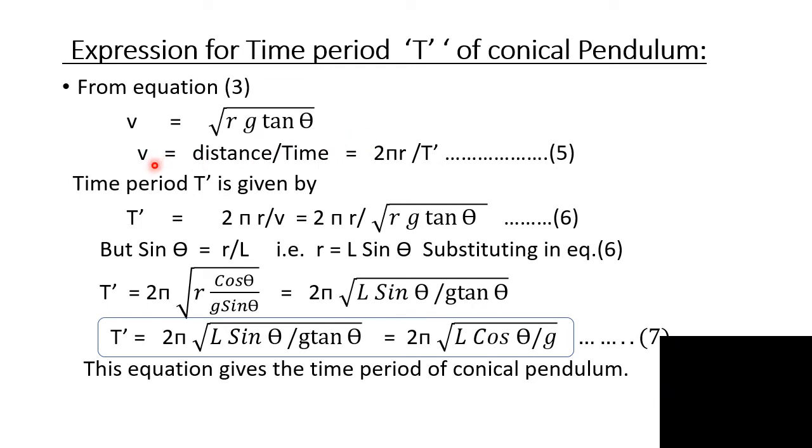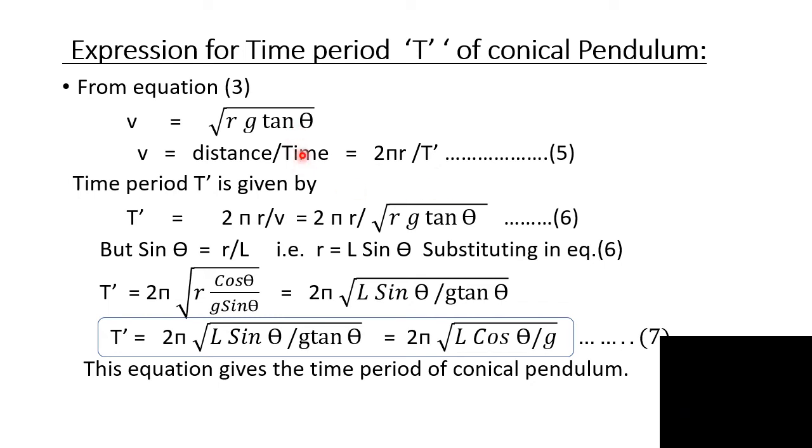But velocity is also distance upon time. In one complete rotation, the distance travelled is 2 pi r and the time required is the time period, T dash. So v is also equal to 2 pi r upon T dash.